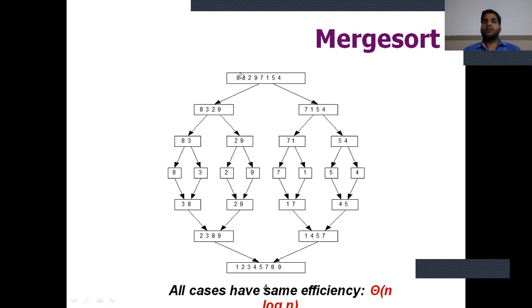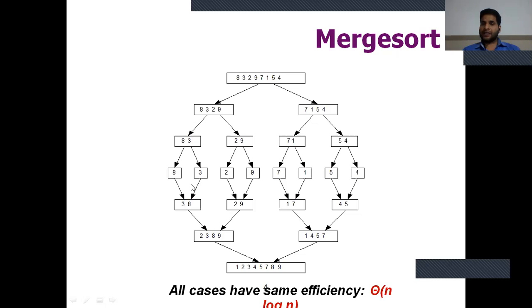Merge sort divides at q equal to floor of (p plus r) by 2 into two subarrays, 8 3 2 9 and 7 1 5 4. These subarrays are also divided into two equal parts until the element size is 1. Next division: 8 3, 2 1. Now the array size is 1.